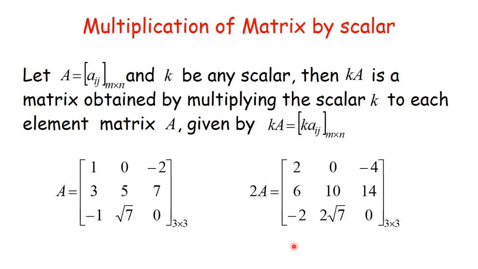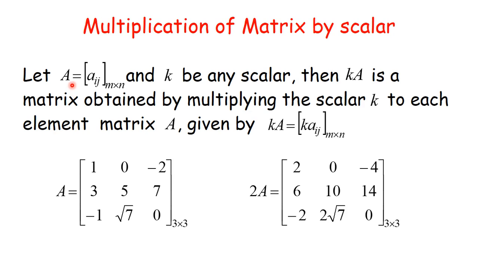Now multiplication of a matrix by a scalar. Suppose we are given a matrix A of order m by n and k is any scalar. Then kA is a matrix obtained by multiplying the scalar k to each element of the matrix.